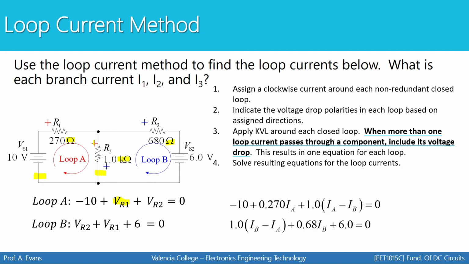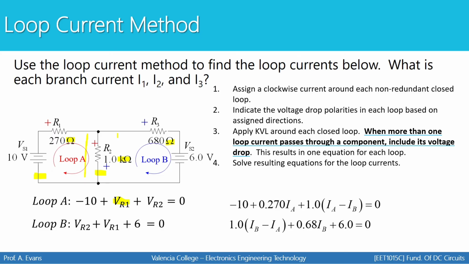The voltage for R2 has to take into account that there are two currents running through it. So ultimately, we have to take the difference between those two currents because one is flowing down through R2. Loop A flows down through R2. Loop B flows up through R2. So we need to take the algebraic sum of those two currents.